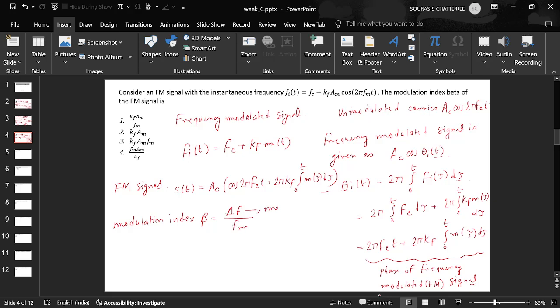This is the maximum frequency deviation, where fm is the maximum frequency component of the message signal.